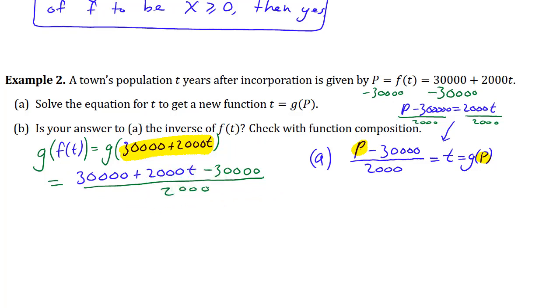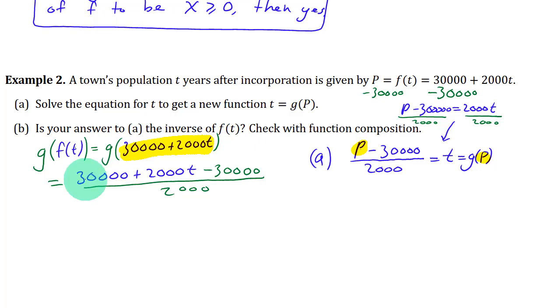Let's think about what we're doing for a second here. When we take a number t, we're talking about a year. So maybe t equals 5 years after incorporation. When you do 30,000 plus 2,000 times that year, 30,000 plus 2,000 times 5 is going to be 40,000. That's going to give you the population after 5 years.